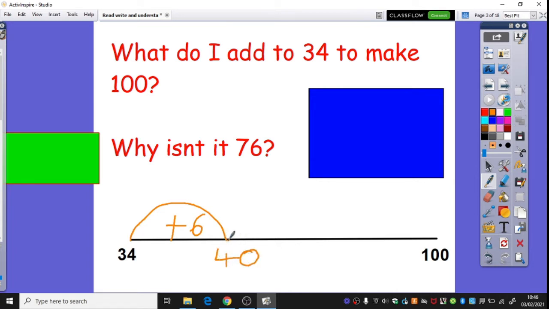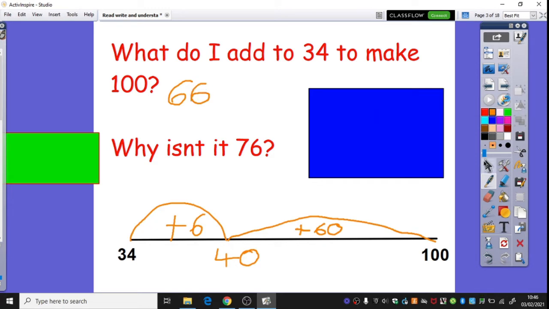And then what do we need to add to 40 to get ourselves to 100? And the answer is 60. So altogether we've added 6 and 60. So what do we need to add to 34 to make 100? We need to add 66.